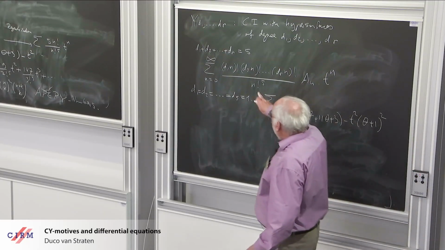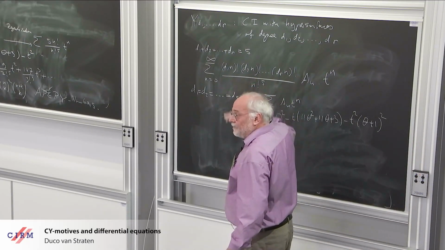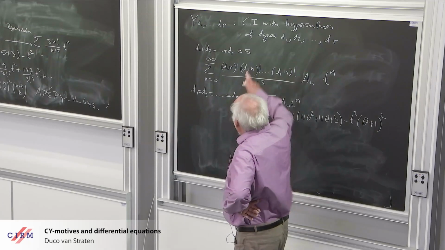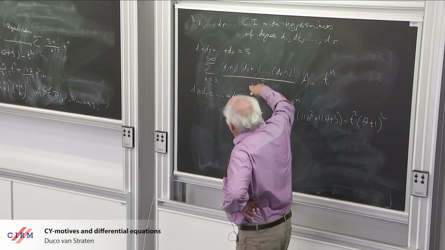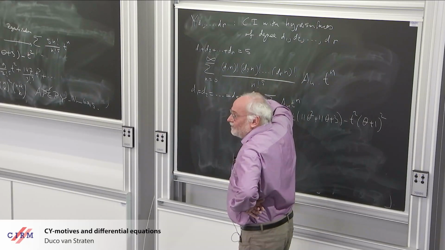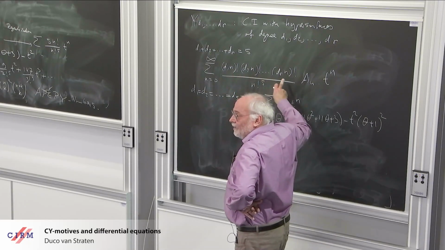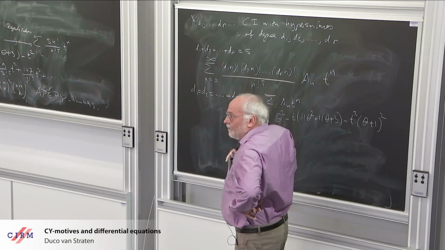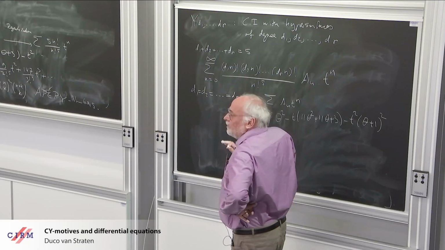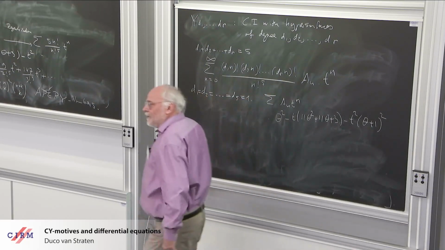Calabi-Yau. Yeah, well, to get this to be regular singular, you need, of course, the asymptotic condition. That's of course a Calabi-Yau condition.